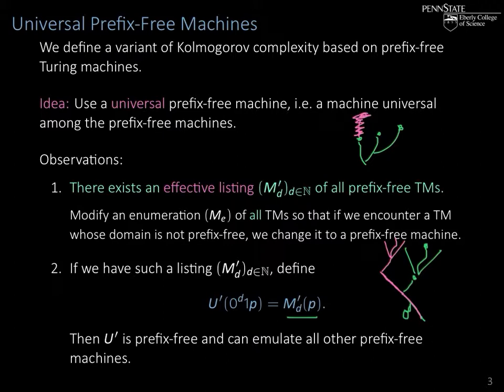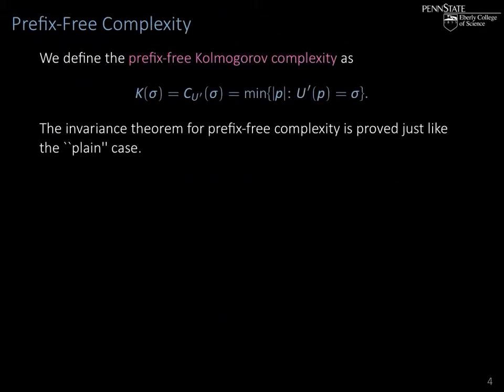So we see from this that U prime is indeed prefix-free, and it clearly can also emulate all other prefix-free machines. So we now fix a prefix-free universal machine, and based on this we can define prefix-free Kolmogorov complexity as the plain complexity with respect to this universal prefix-free machine, as before.